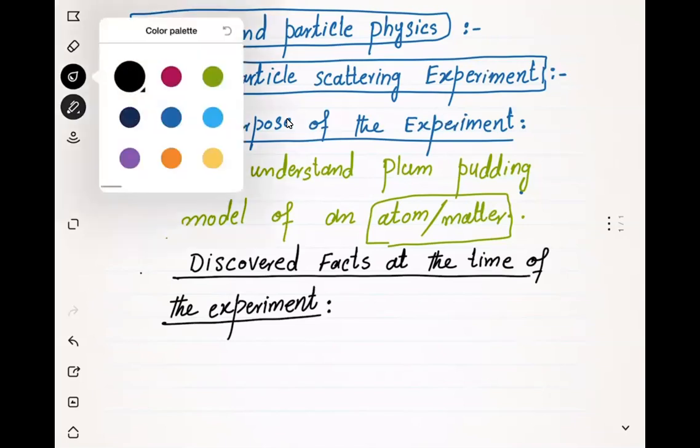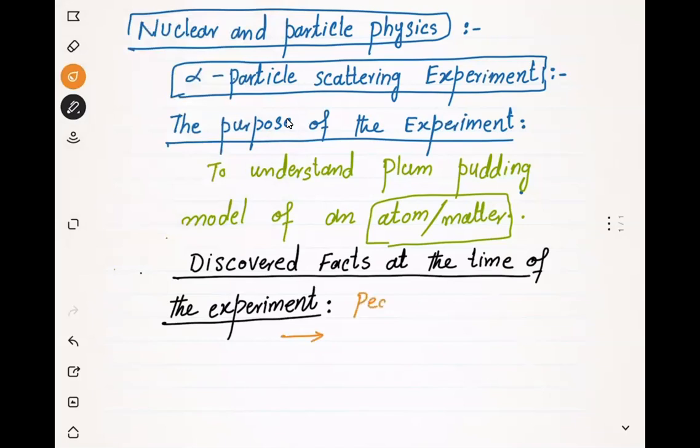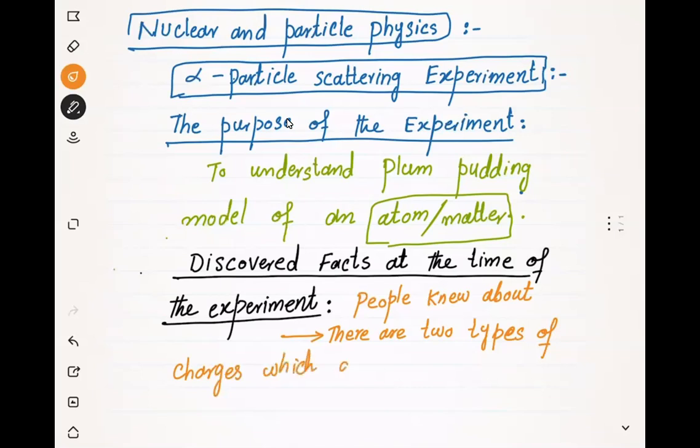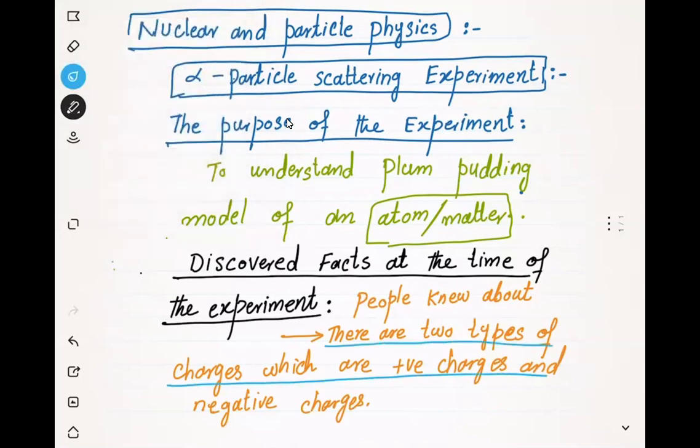At the time of the experiment, people knew that there are two types of charges, positive charges and negative charges.